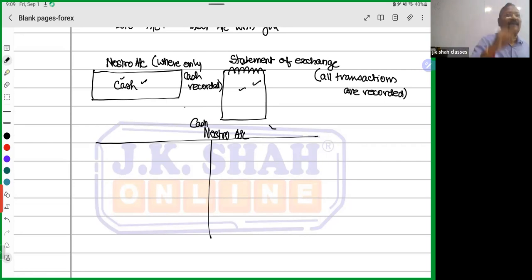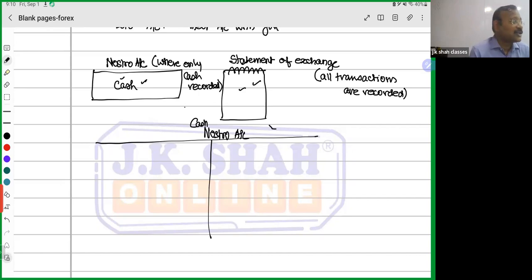Now I'll ask you another question. Let us say you maintain an SB account with your bank, right, and the bank gives you a passbook. In the passbook, cash deposits will appear on the credit column or debit column?